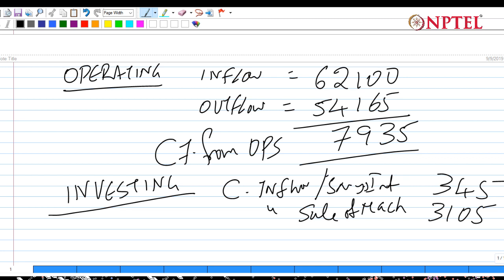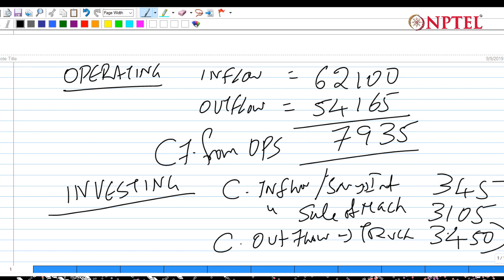Next, in the expenditure part, there is a down payment for a new truck, 3,450. When you make a down payment, there is cash outflow. I am putting it in parenthesis, which means negative because there is a cash outflow.